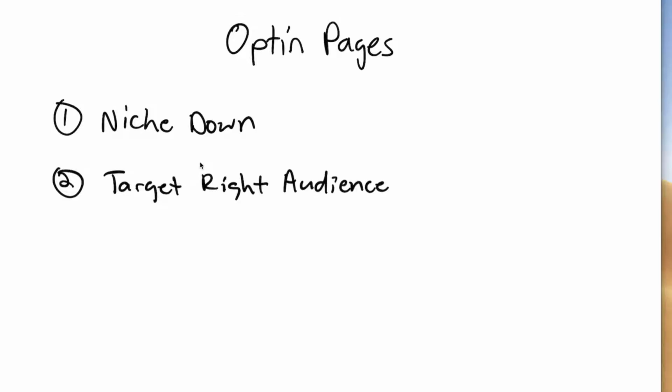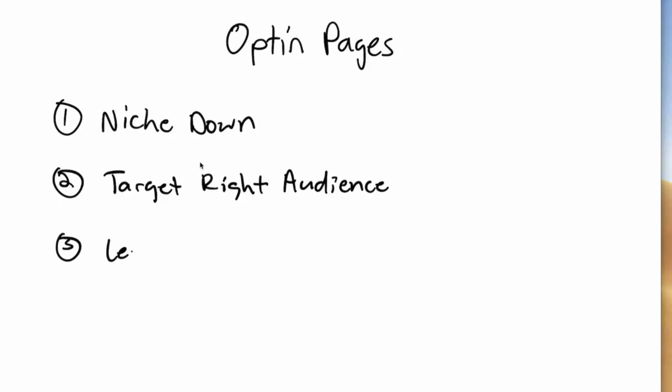This is very important. What you can't do is go create extremely broad things and get a bunch of leads in of people that aren't interested in what you're actually trying to sell, okay? That is very, very important. So your opt-in page is going to help you reach and get the right audience on your list.